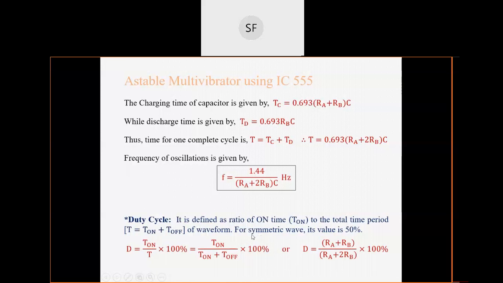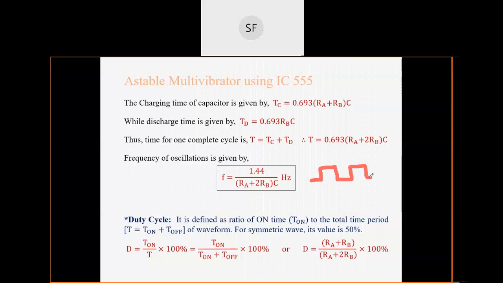One note here: a symmetric wave is nothing but a square wave. For a square wave, T on and T off will be equal. Let me try to draw the square wave: T on will be exactly equivalent to T off. This is a square wave.